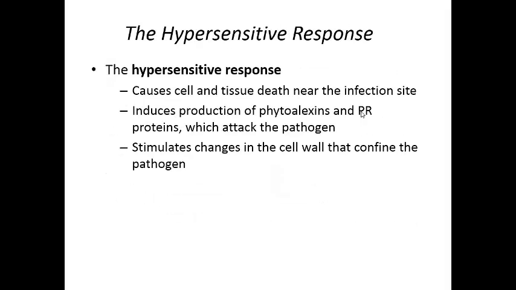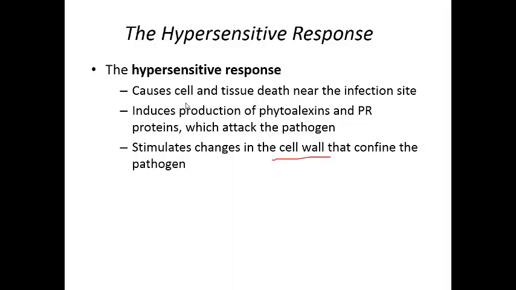The hypersensitive response is local, and it's going to stop that pathogen from being able to spread across that plant. It's going to induce several changes. One is it's going to cause changes in the cell wall of the plant cells that confine the pathogen, stopping it from spreading. Number two, it's going to cause cell and tissue death near the infection site.